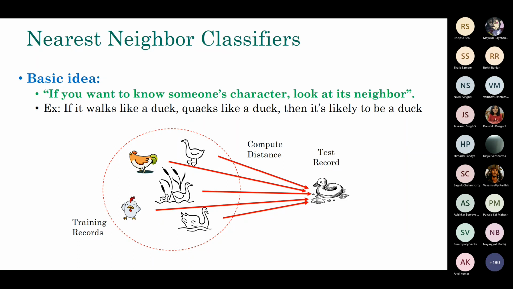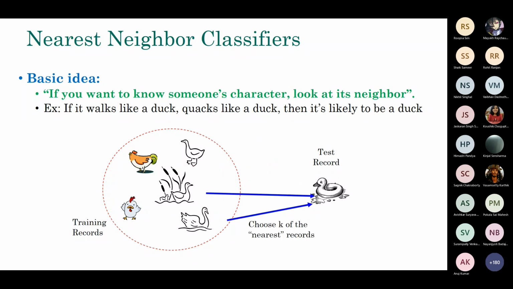That's the first step, because we are going to use the k-nearest neighbor idea. Then we choose k of the nearest records based on the distances, something like what you have seen in locally weighted linear regression. So you use the k nearest neighbor points to figure out the model, and here you choose k of the nearest records, and then depending upon their labels, you can figure out what the label of the test record is going to be. Very simple idea.